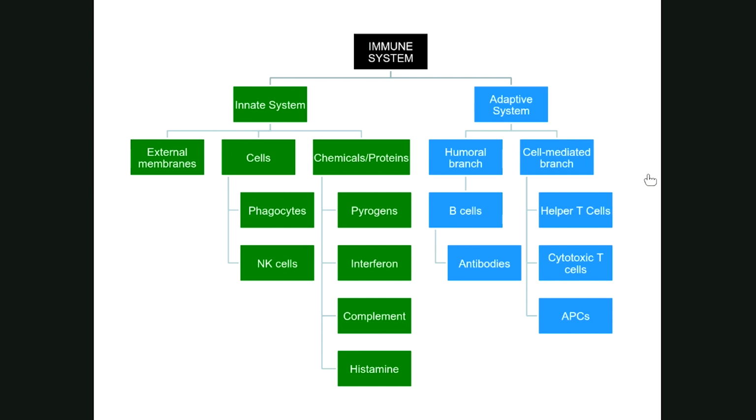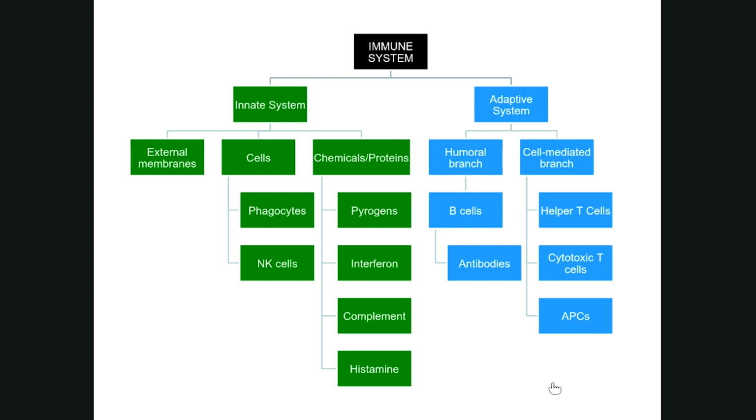So the humoral branch is only going after things that are floating around out in the open, if you will, in the blood and in the lymph. But because, as we've already established, some things are able to get inside of cells, we also need a cell-mediated branch of this system to go after those things that are hiding out in a cell. And that's where this cell-mediated branch comes in.